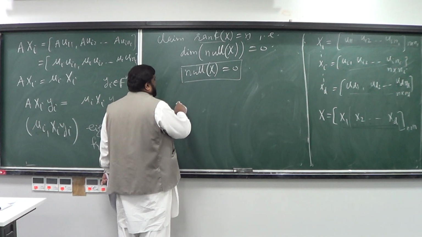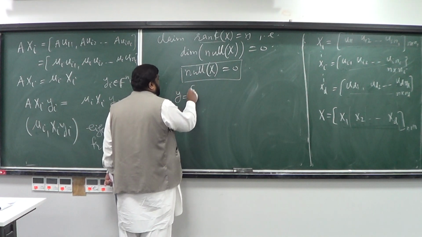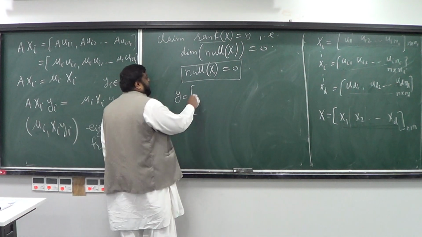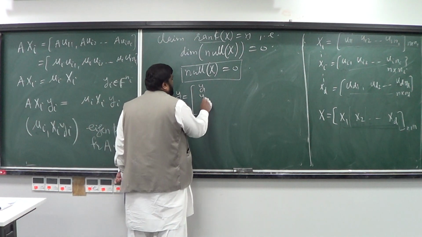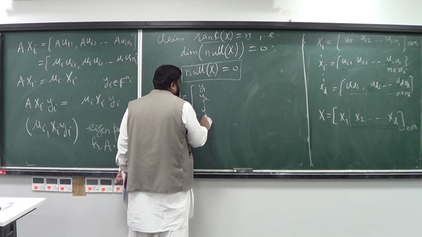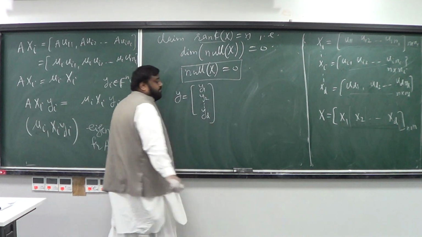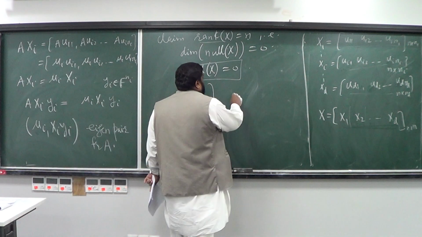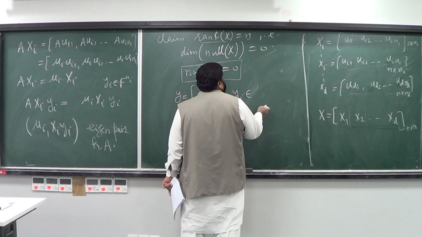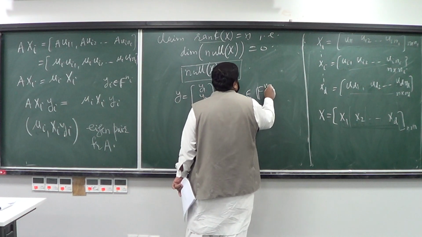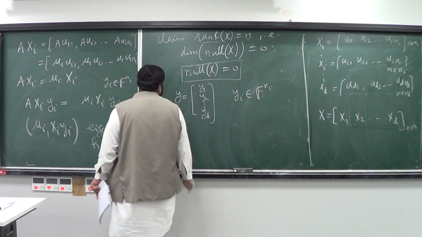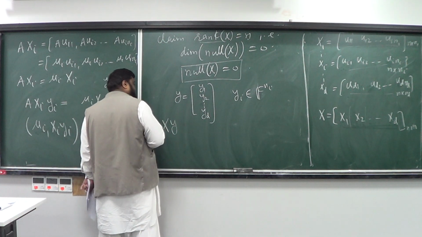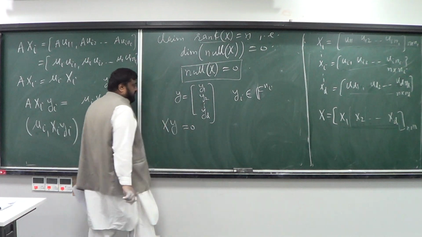So in order to show the null space, let's take a vector y from Fn. And the vector y looks like this, y_1, y_2, up to y_d, where each one of these y_i belongs to F^{n_i}. And let's multiply this vector y with matrix X and equate it to 0.